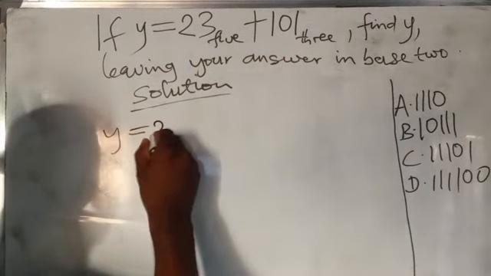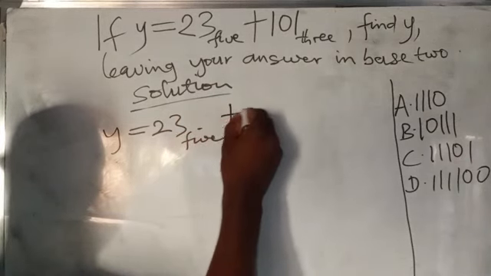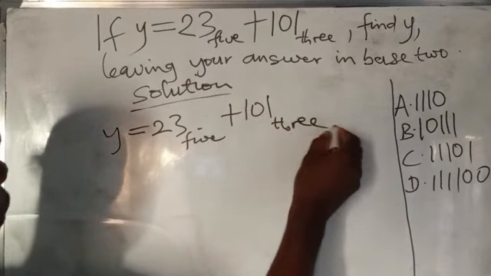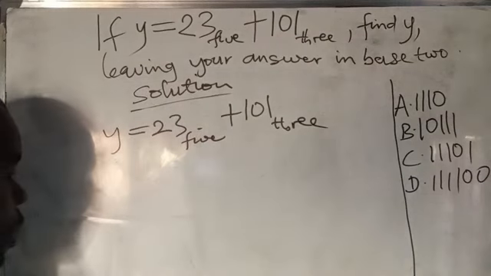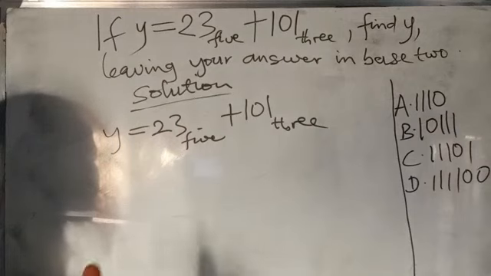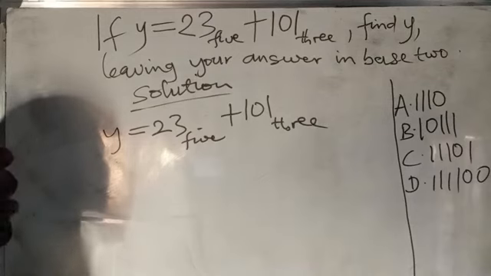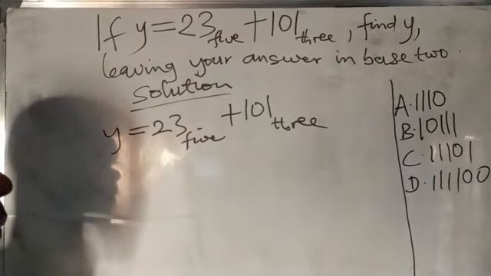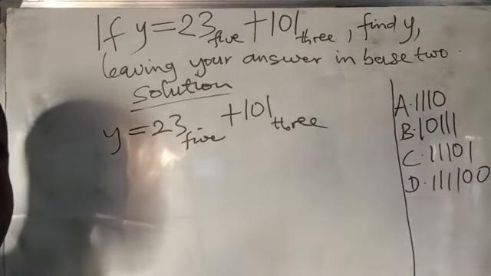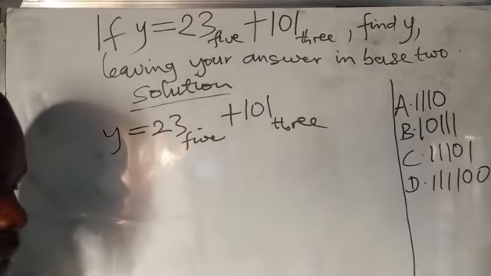y equal to 23 base 5 plus 101 base 3. What do we do in this case? In our previous lecture on number bases, I told us that the base that is common to all the bases is base 10, which is the normal base.